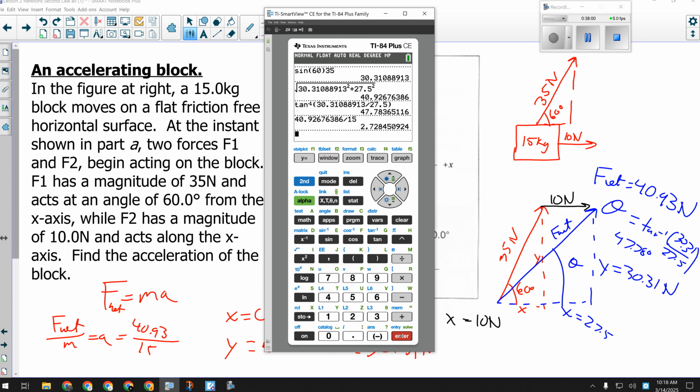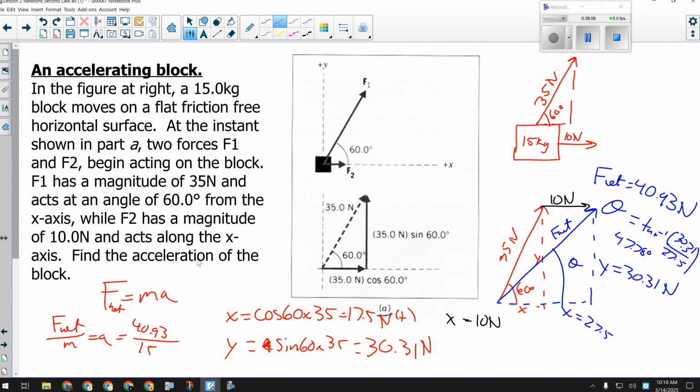Okay, so my acceleration to two significant digits, because 35 only has two, is going to be 2.7 meters per second squared at 48 degrees above the x-axis.